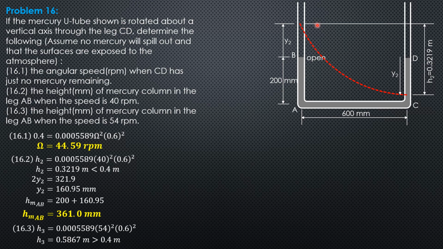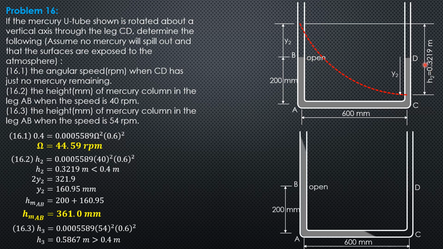So the paraboloid will extend below C, imaginary. Whatever is lost in this leg is also the rise in the leg AB.